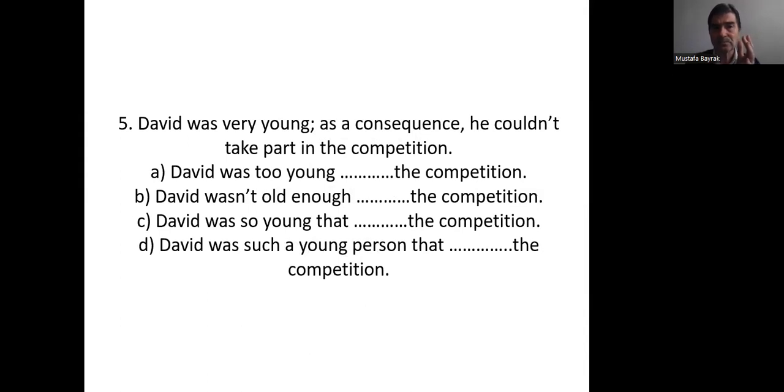B, David wasn't old enough to take part in the competition. Yes, again, enough to. Enough is used with to, but what about so and such? They are used with that clauses.